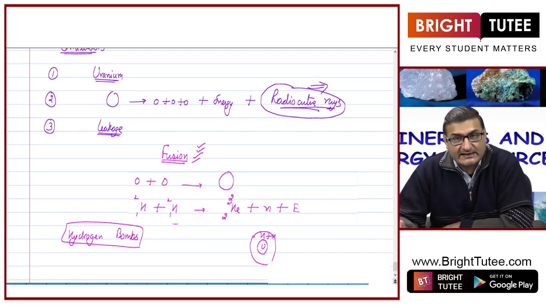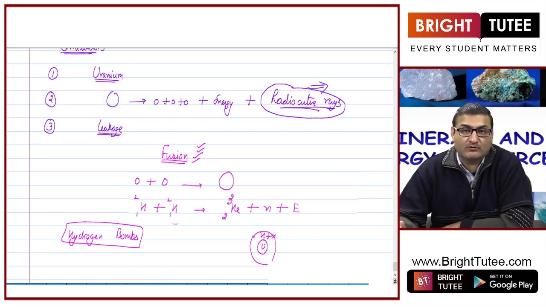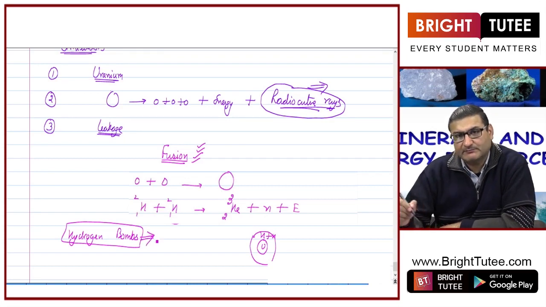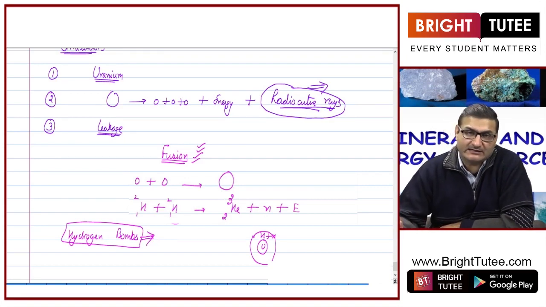So in this case, the amount of energy will be 100 times more, causing 100 times more destruction than what was caused by the atom bombs, right? So this is the hydrogen bomb, the destructive concept of nuclear fusion reaction. So this is all about fission and fusion.